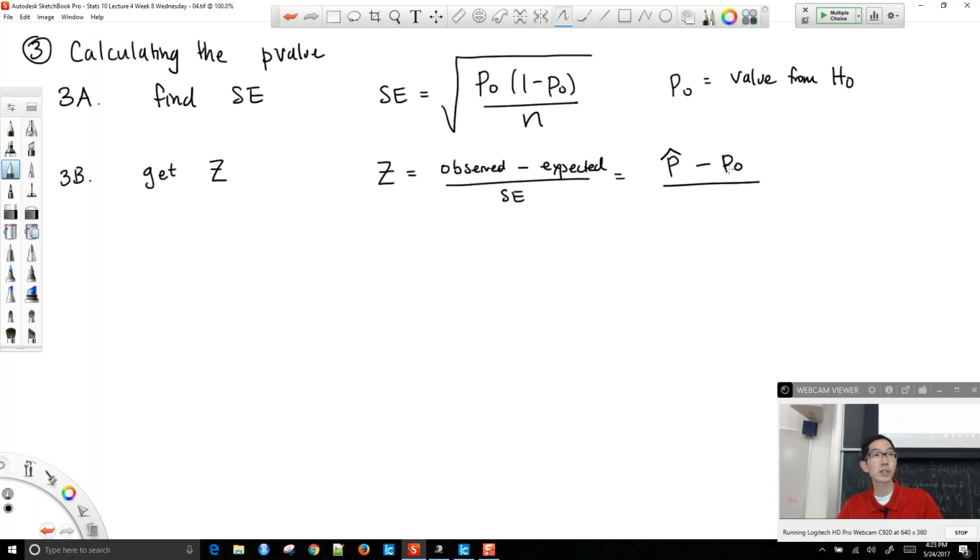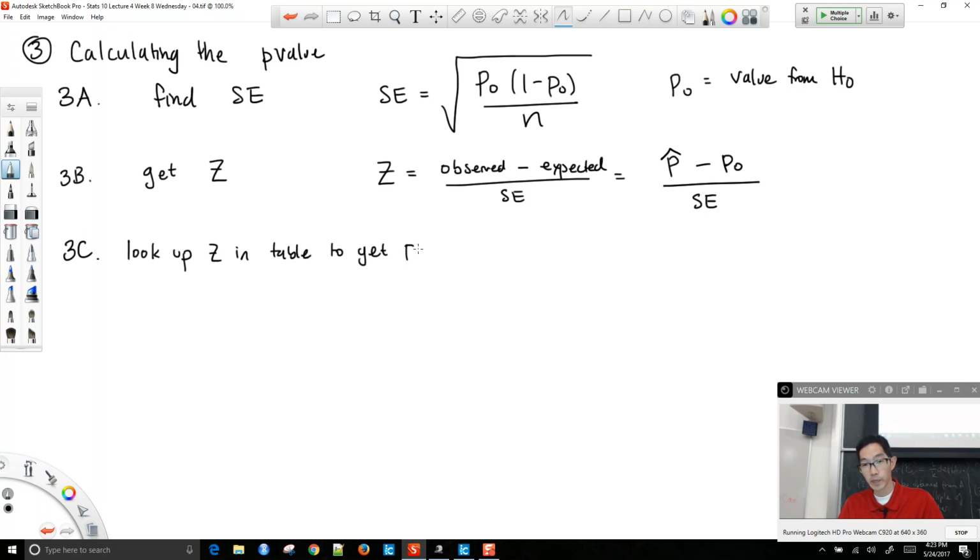We expected to see the value p0 if the null hypothesis were true. And then we're going to divide that by the standard error. So this is what we get. And then once you have a z-score, what do you do next? You will look up the z in the table to get a p-value.